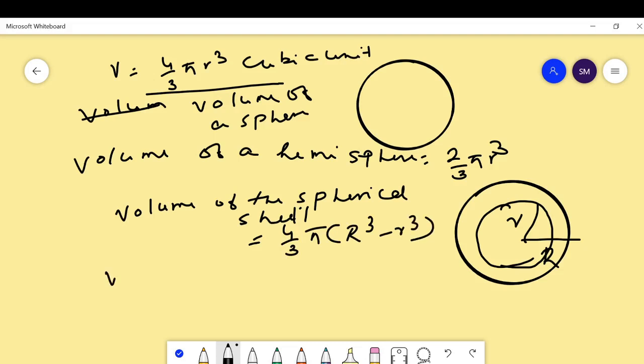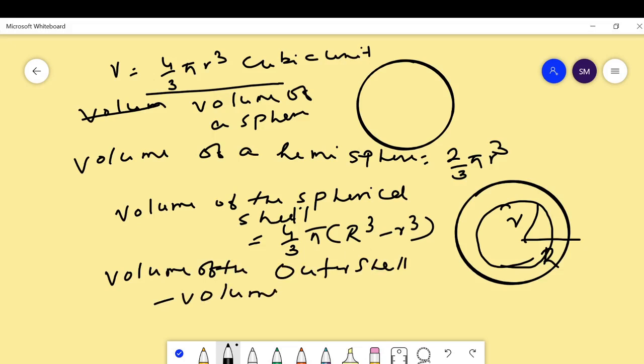It means the volume of the outer shell minus the volume of the inner shell is the effective volume of the spherical shell.